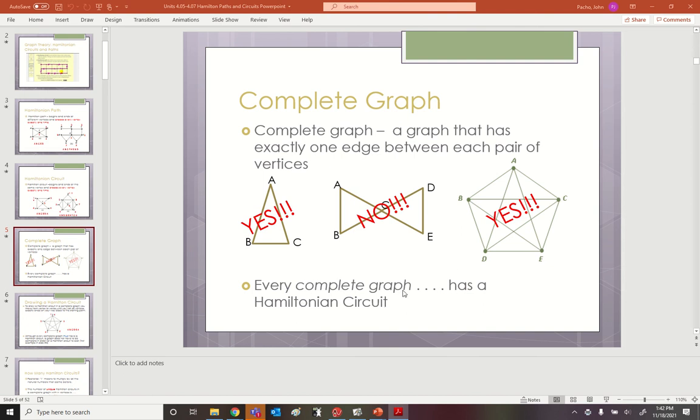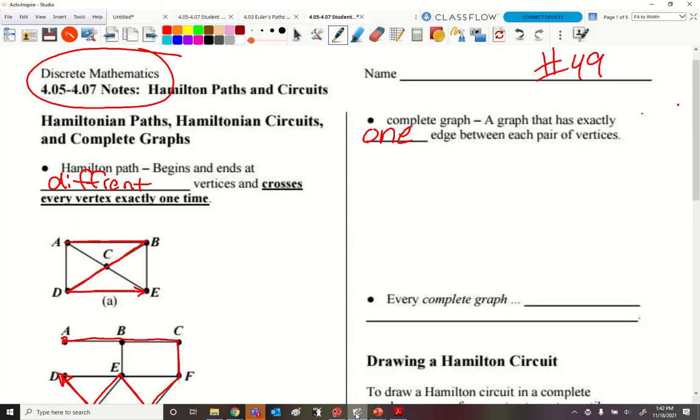Every complete graph has a Hamiltonian circuit. There we go.